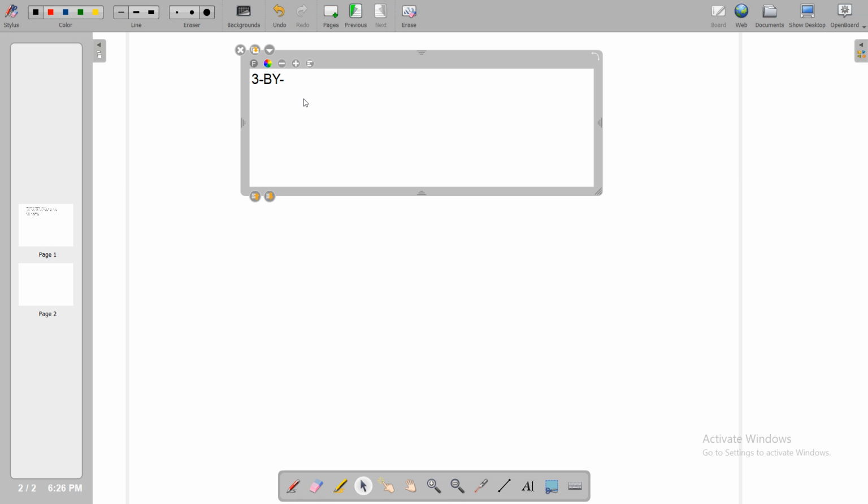So it's 3 by 1. Okay. Multiplication. The one who cannot see, you can log out and join again if you are not seeing it. I did the same thing, so log out and join again.